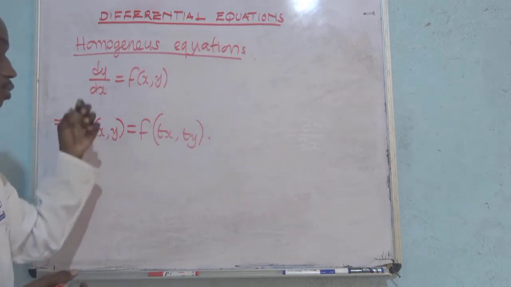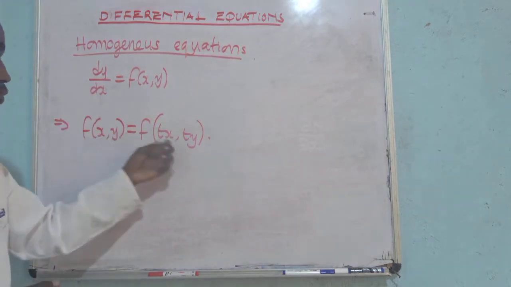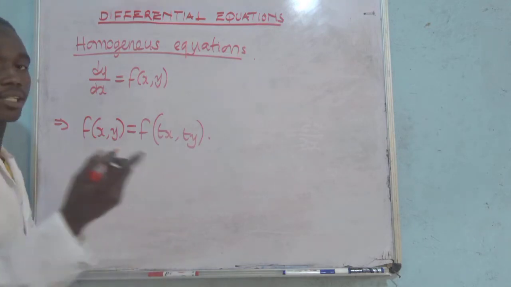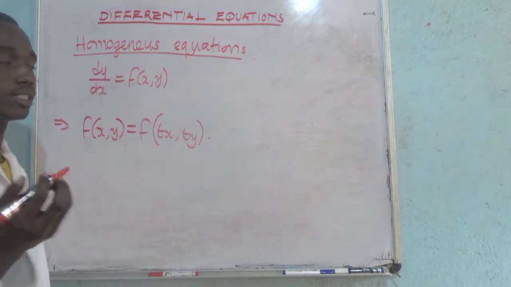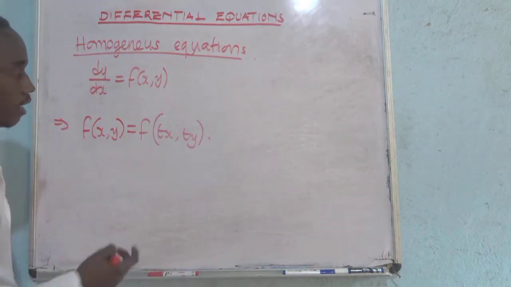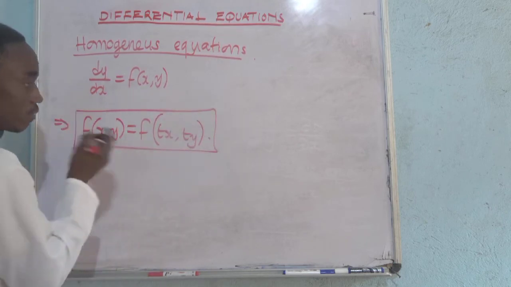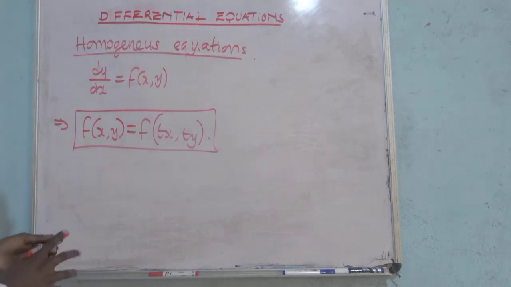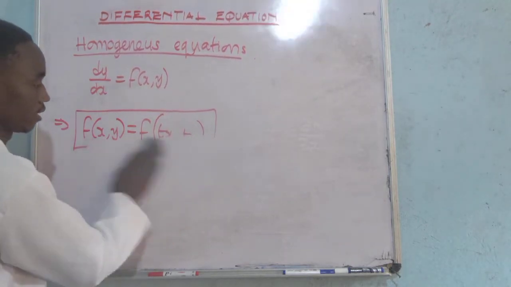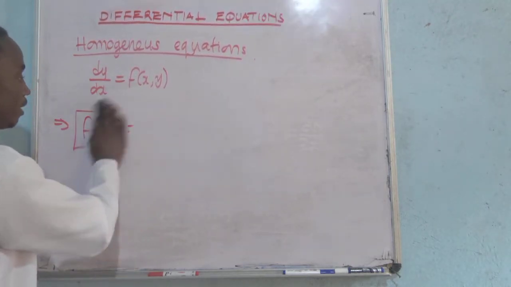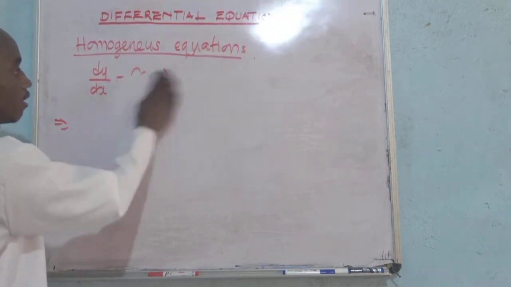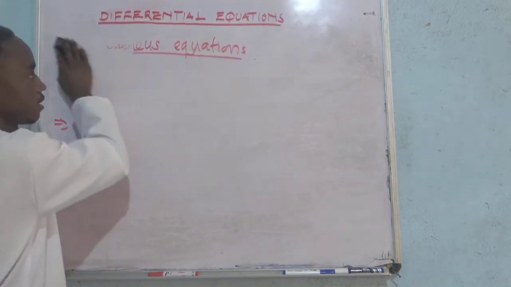Otherwise, if these two are not equal, then the equation that you have is not a homogeneous equation. This is what is used to test for homogeneity. Okay, so then maybe we proceed and look at any questions that could help us.